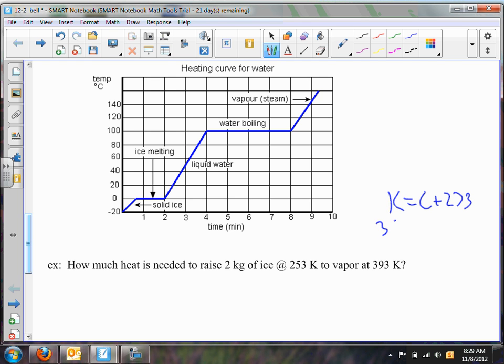So if I have 393 here, that's Celsius plus 273, or your Celsius temperature for this guy is simply 120 degrees Celsius. For the 253, we have 253 equaling Celsius plus 273, and the Celsius then would be negative 20 degrees for this guy.